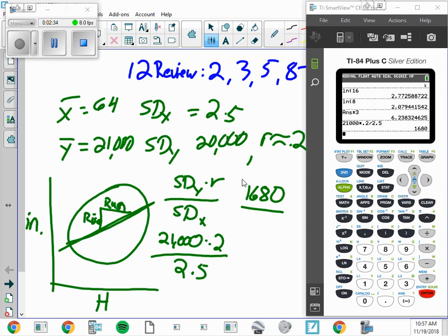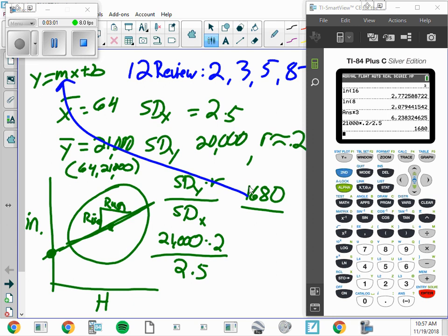Okay, now, so the slope is 1680. Now I just need the y-intercept. Well, my point of averages is 64, 21,000. And I'm going to use y equals mx plus b. The easiest way to solve for that is put your m in, and then take your point of averages and plug that in, and then solve for b.